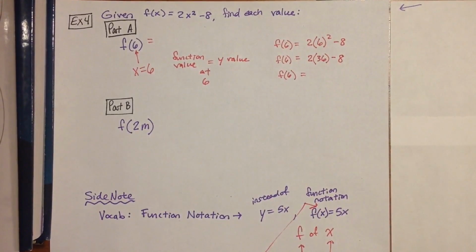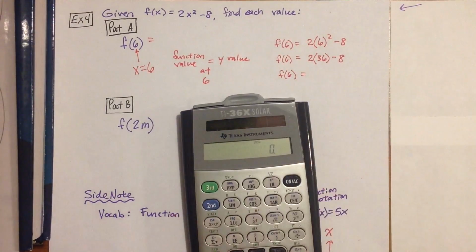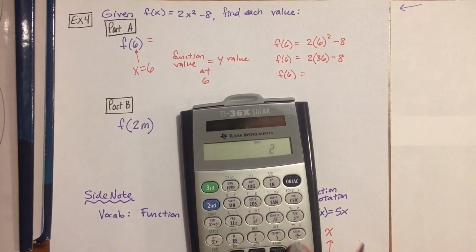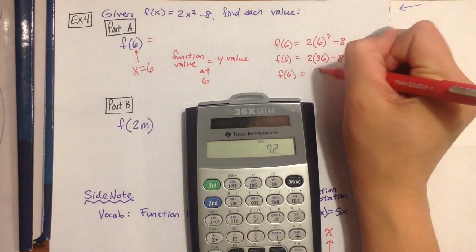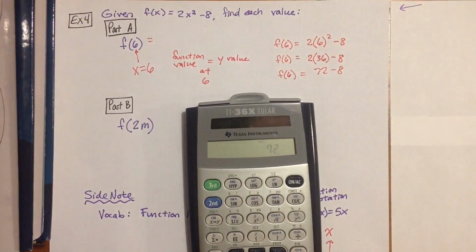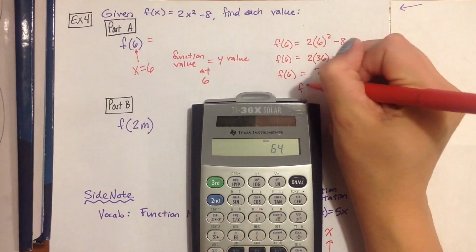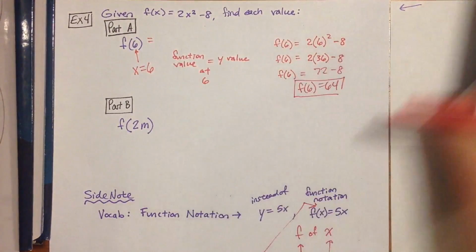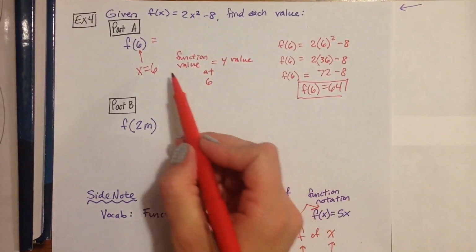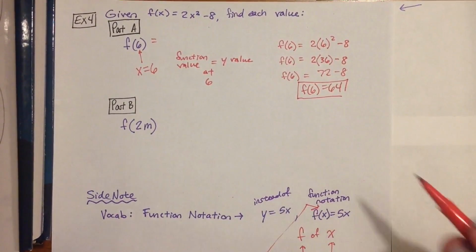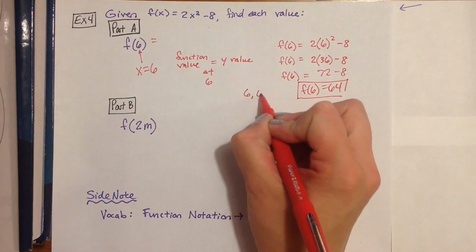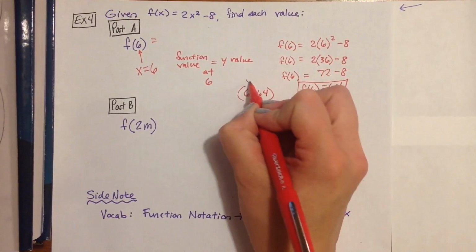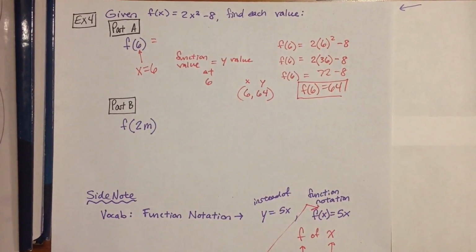I'm going to go to my handy-dandy calculator just to make sure that I get this right and don't mess up my math. I have 2 times 36. I get 72. Minus 8. I get 64. So f of 6 equals 64. That tells me that if I were to graph this point, it's an ordered pair, and that ordered pair is 6, 64. That is my x, y ordered pair.